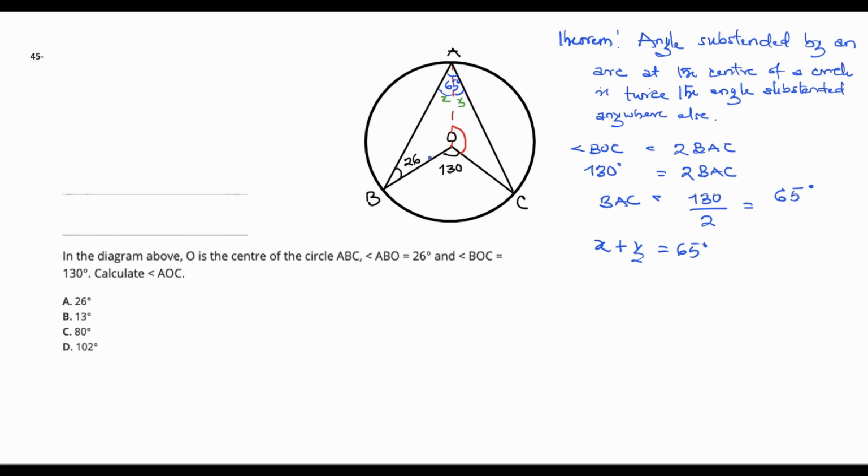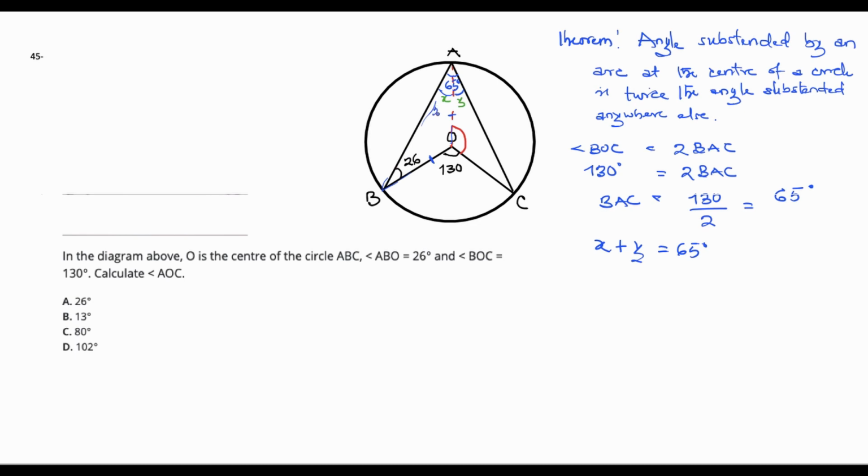Well, this is the radius of the circle here, BO. But we also know that AO is also the radius of the circle, which means that this triangle right here, ABO, is an isosceles triangle. If two sides of the triangle are equal, the two angles here are also equal.